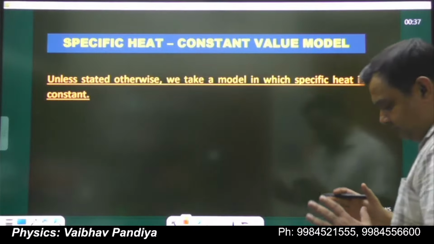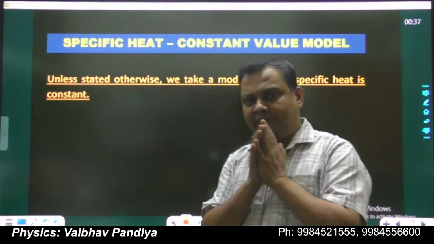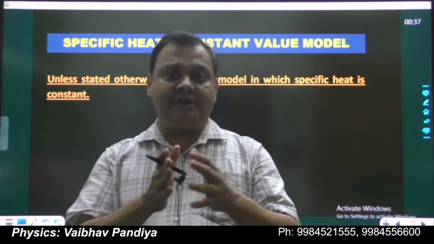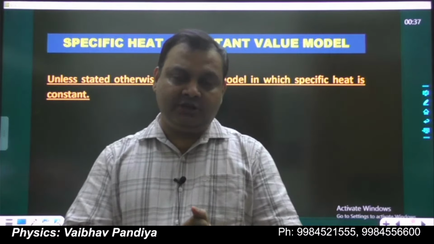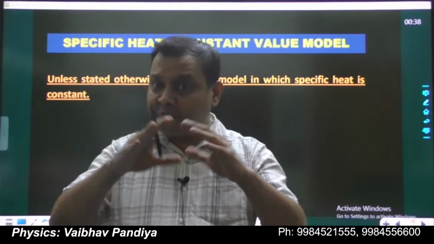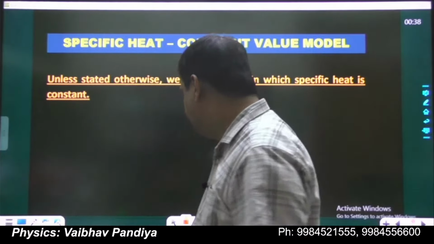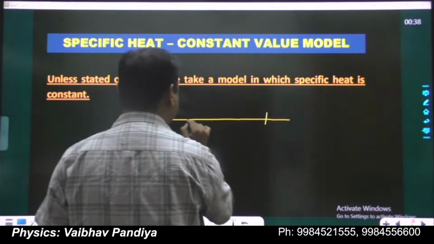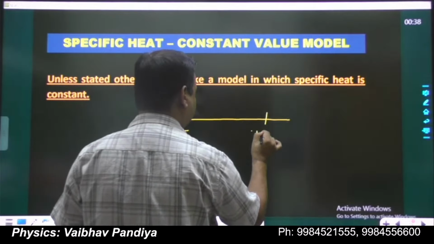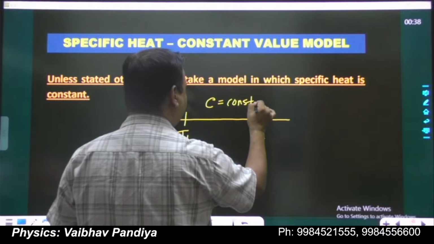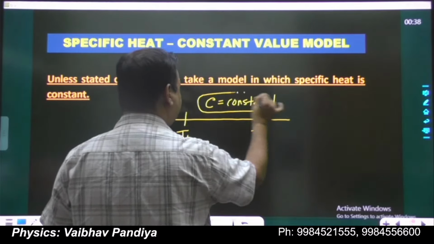Now let's see. Till now we have seen very practical cases where the specific heat varies with the temperature. Now we will come to one ideal case, an assumed model, a prototype, in which we will assume that in the temperature range we are talking about, the specific heat is taken as constant. That is a hypothetical model.